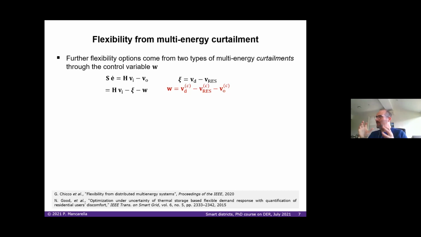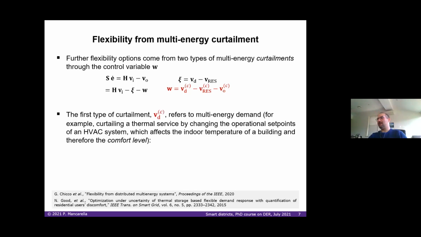Now, what can you do by switching off, by curtailment, your heating or cooling in a building when you are using an electricity supply for your heat pump, split system, and all that? Obviously, when you do that, you are affecting the indoor temperature.